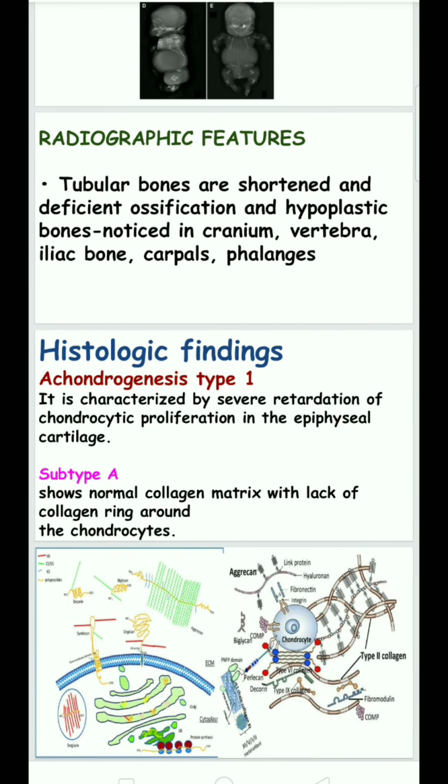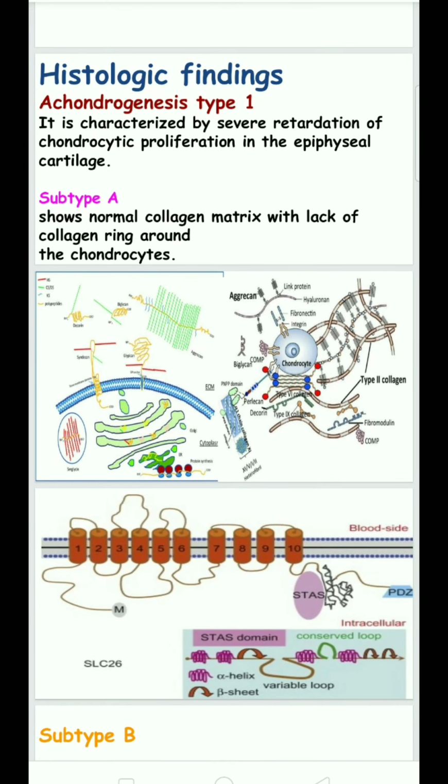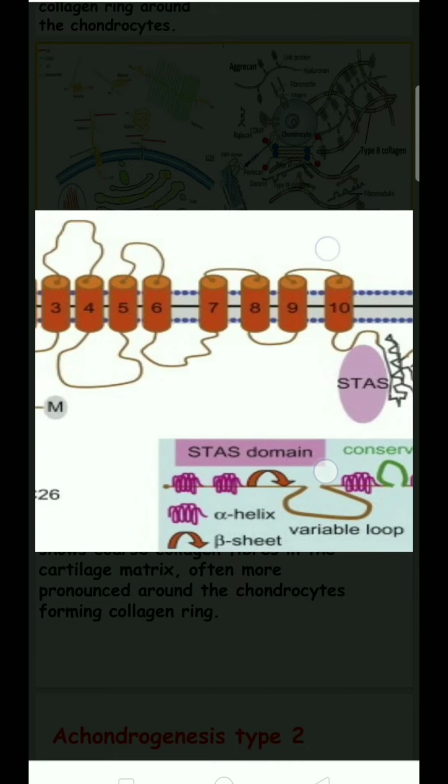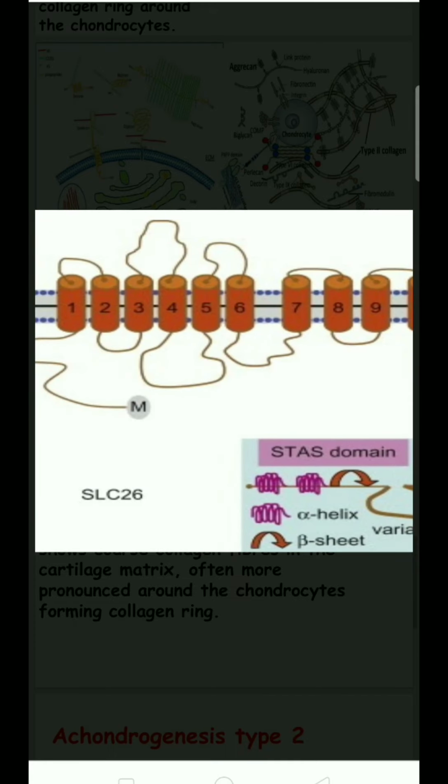Before going to the histology findings, we need some more basics. Proteoglycan is synthesized by the trip level gene, which sends a signal to the Golgi bodies, and the Golgi bodies synthesize the proteoglycan. These proteoglycans are transported via a transmembrane protein, that is SLC26A2, the diastrophic dysplasia sulfate transporter.